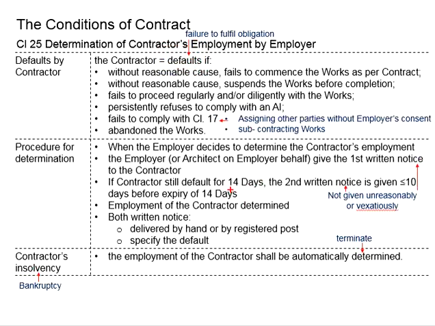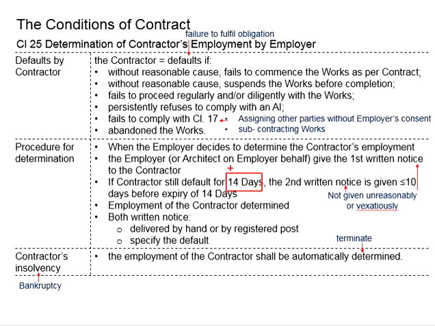The duration given will be 14 days. If the contractor is still in default for the 14 days, the second written notice may be given. This second written notice can be given within 10 days before the expiry of the 14 days.